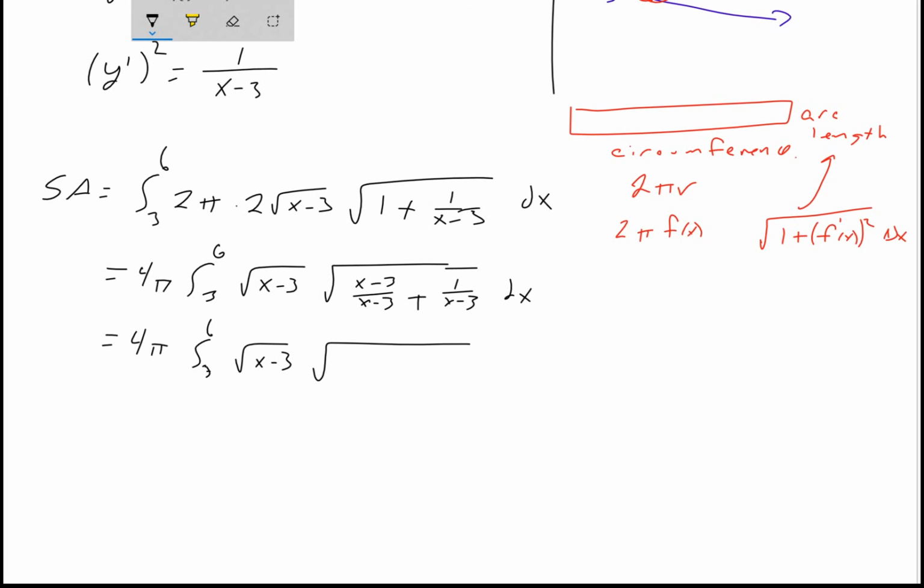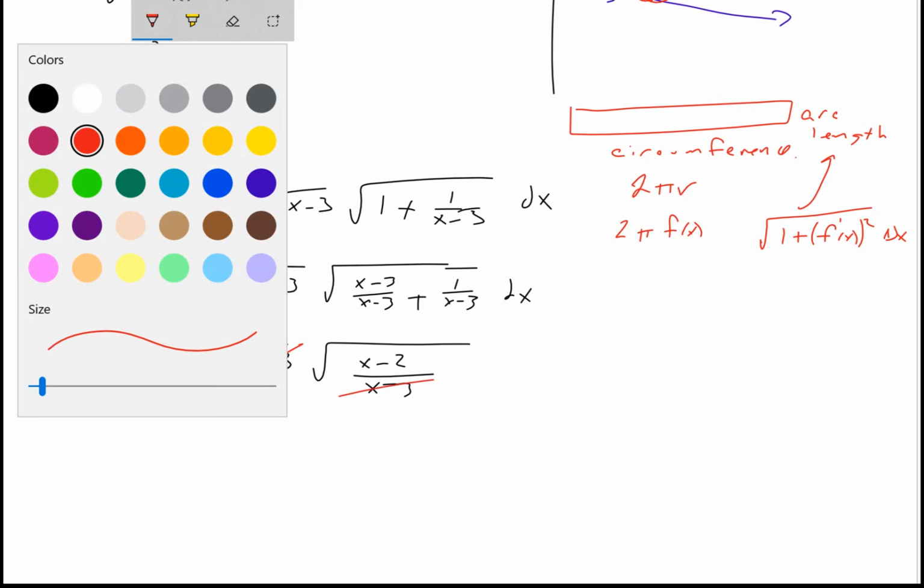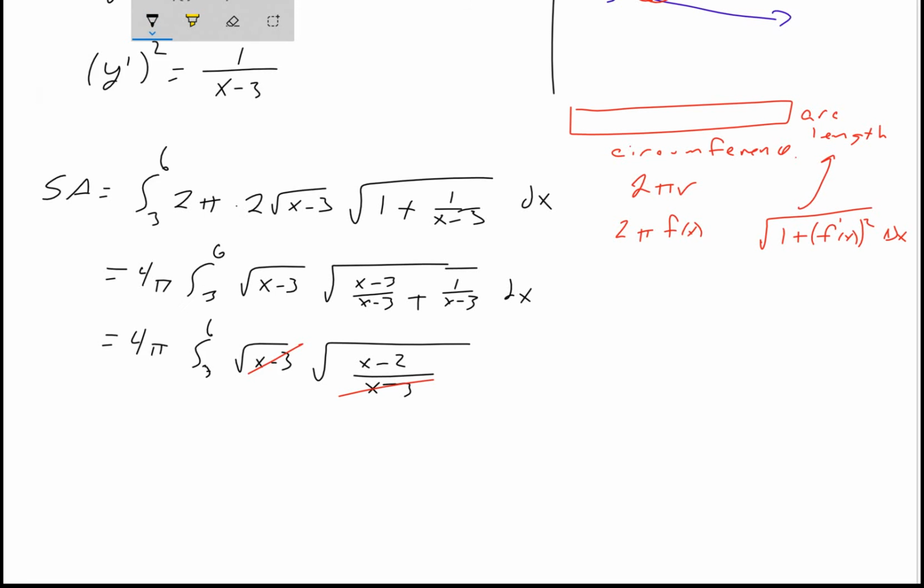Okay, so that's a plus. x minus 2 over x minus 3. Now we'll notice we have the square root of x minus 3 here and the square root of x minus 3 here. So those two things are going to divide out. And we're going to be left with 4 pi integral from 3 to 6 of square root of x minus 2 dx.